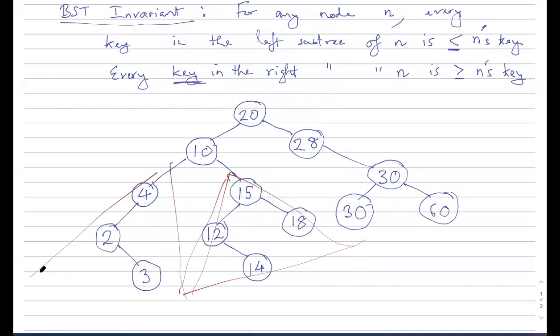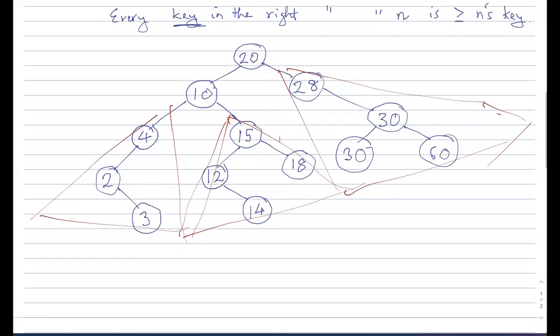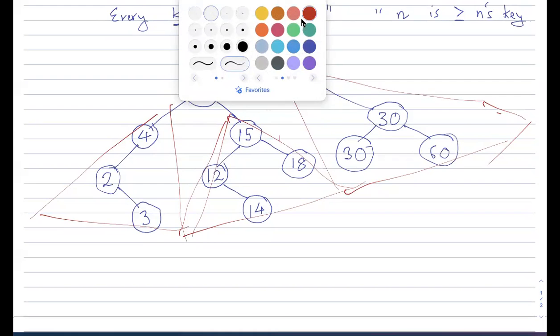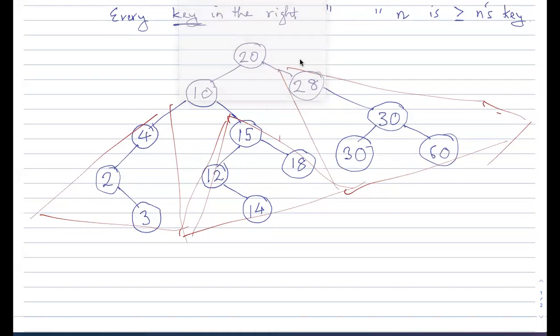And whatever is on the left subtree, that is less than 10. And likewise, if we take 20, whatever we have got on the right hand side, they are all greater than 20. Okay, so this is the key property that makes this binary tree a binary search tree.